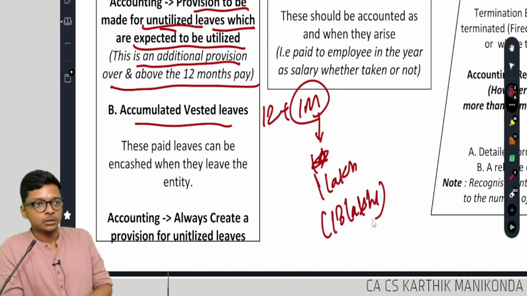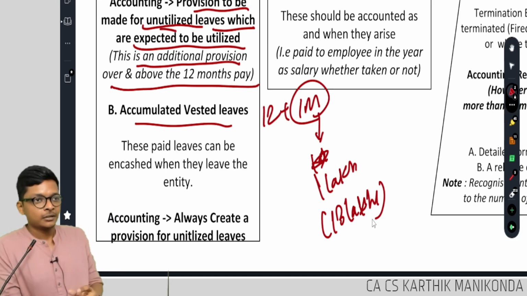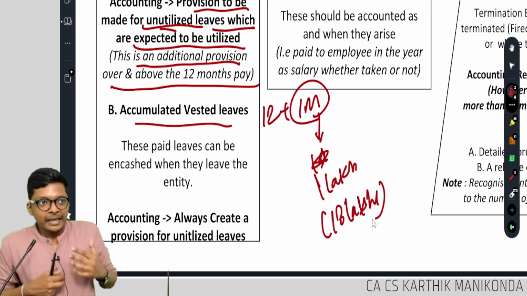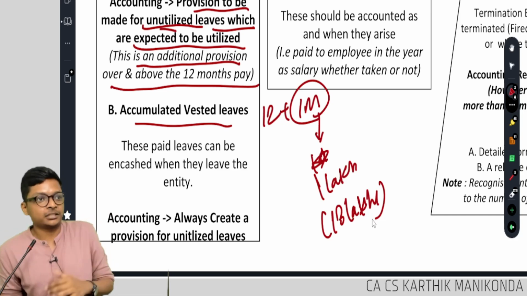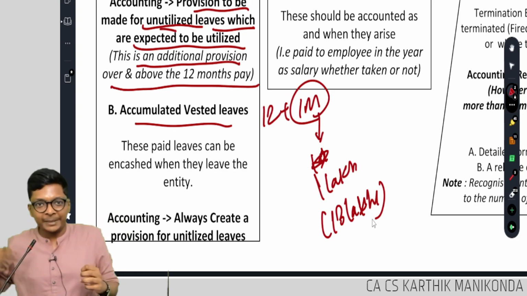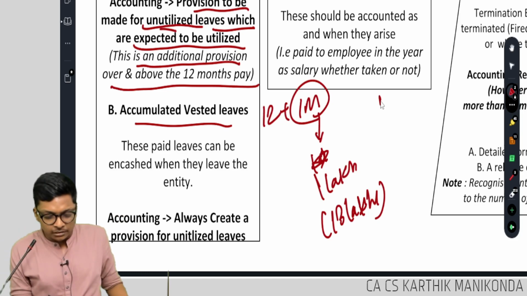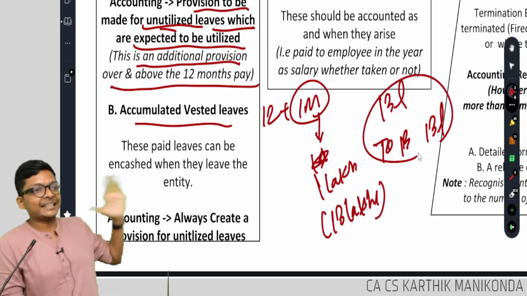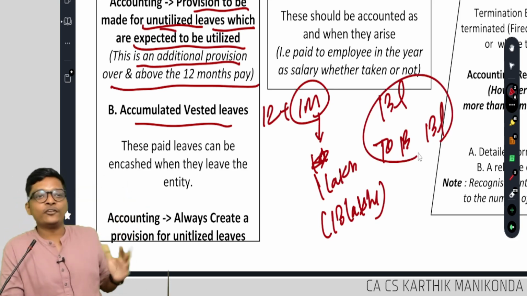Will you carry forward when somebody is giving you cash? You will take it, correct? So the standard rule says that if leaves can be encashed, then it's easy. Give them the cash. The full entry will be salary account debit 13 lakhs to bank 13 lakhs. Full 13 lakhs. Easy. No need to carry forward.